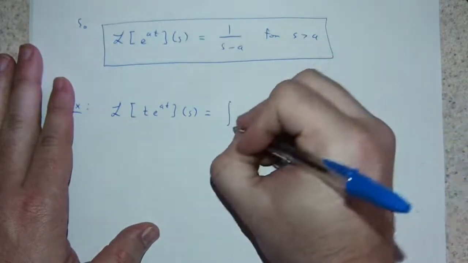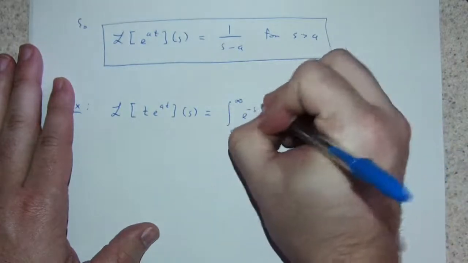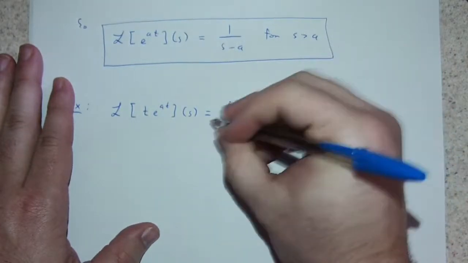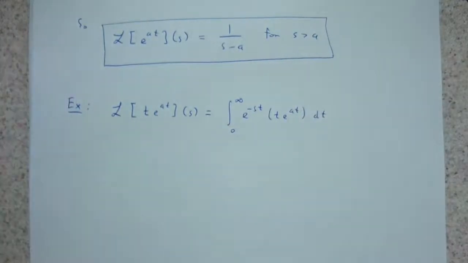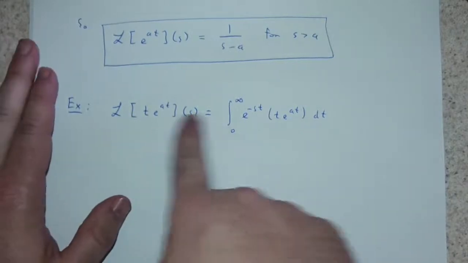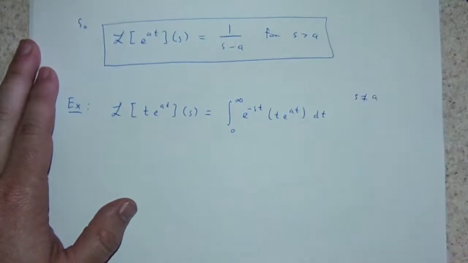So this is the integral from 0 to infinity of e to the minus st times t e to the at dt. Again, we know we're going to run into this business. We're going to be dividing by s minus a. So we actually want s to not be equal to a off the bat.